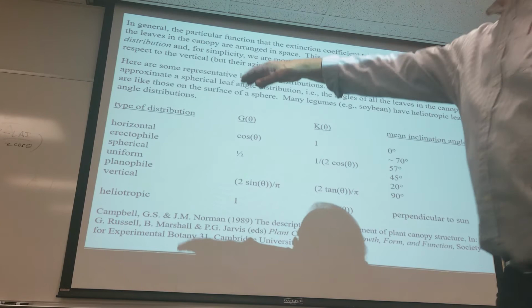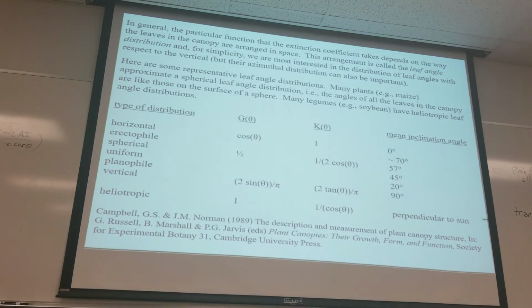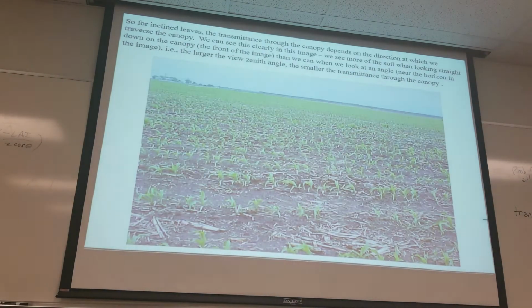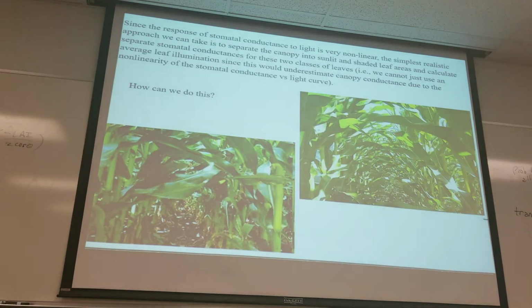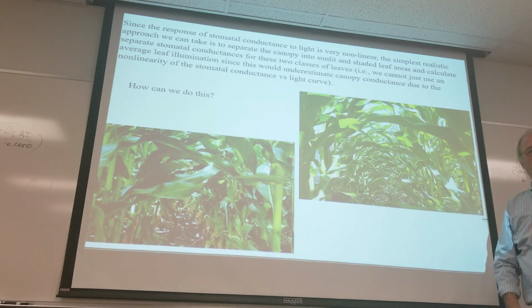In fact, maize is a very good example of a spherical leaf angle distribution. So, believe it or not, you take all these leaves, all this leaf area in this canopy, you could arrange it onto a sphere. Perfect sphere. I know.